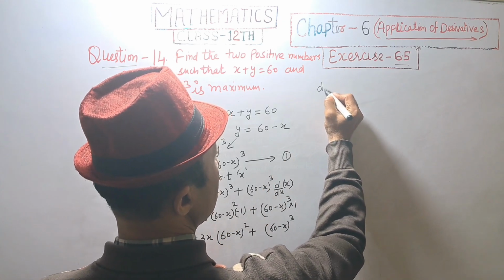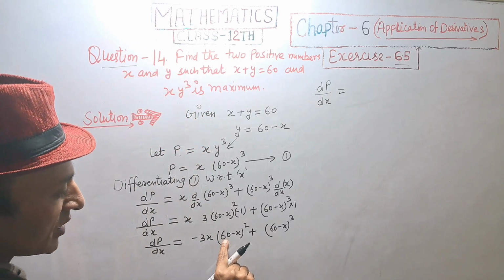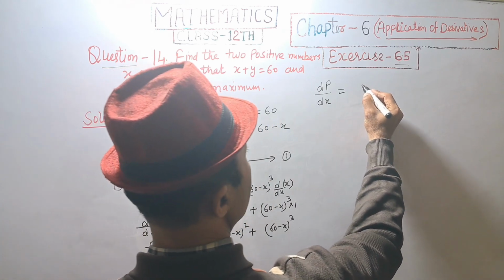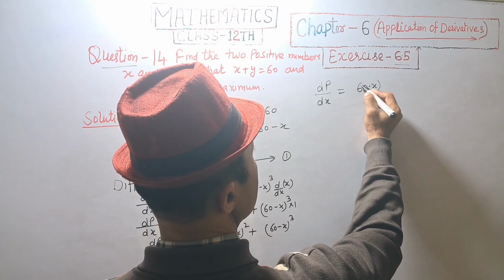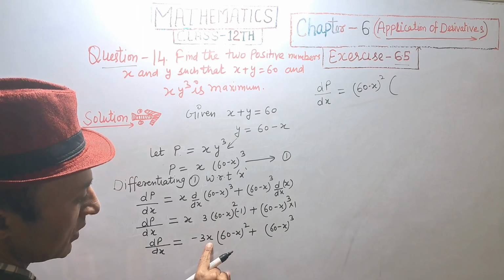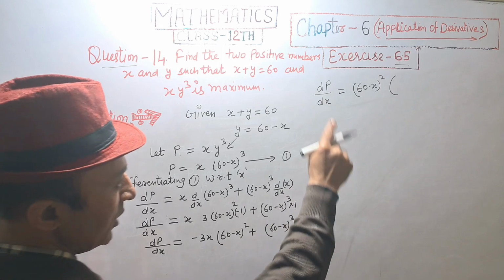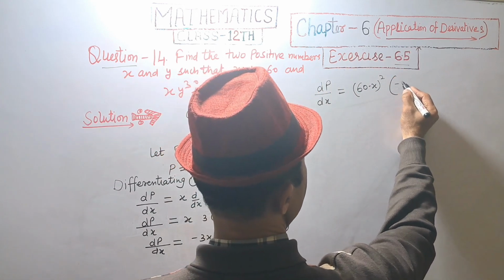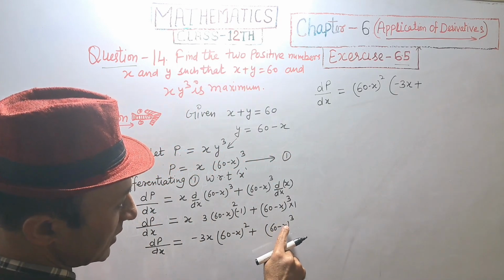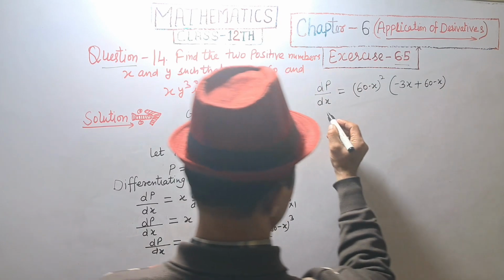This implies dP upon dx is equal to (60 minus x) raised to power 2, and in the bracket minus 3x plus 1 power of (60 minus x), that is minus 3x plus 60 minus x.